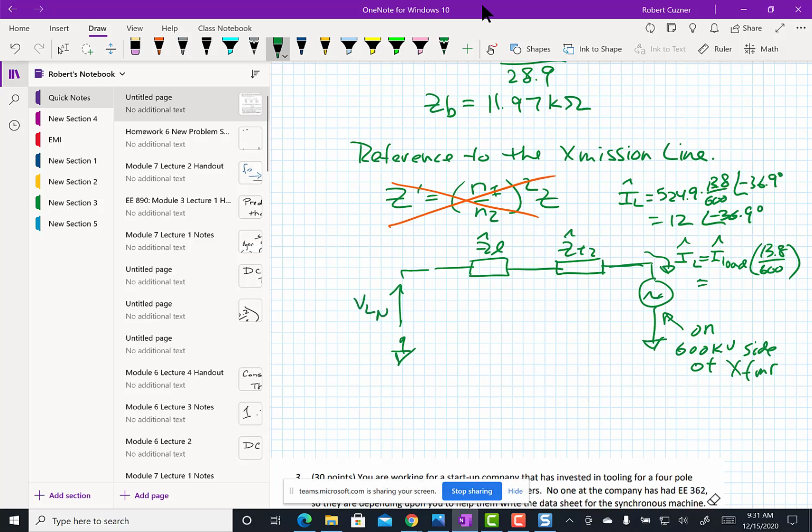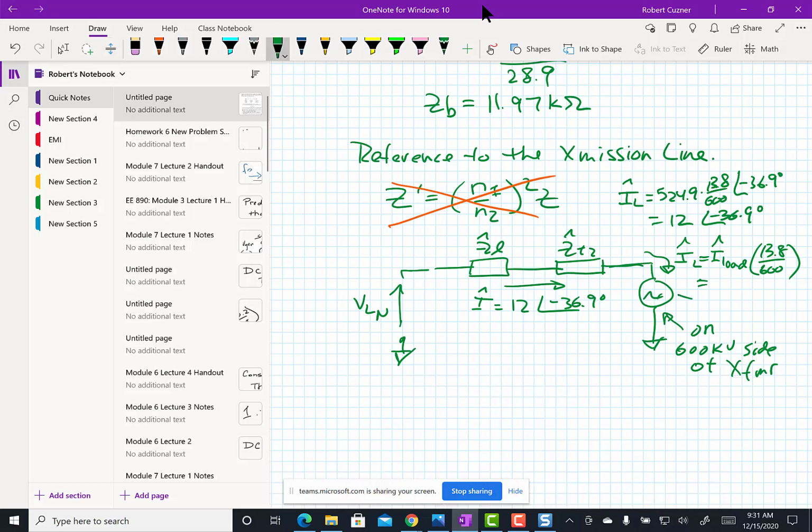It's a line to neutral. Once I find that voltage, I just convert the amplitude to line, and that's the answer. And this current flowing through here is 12 at minus 36.9 degrees.